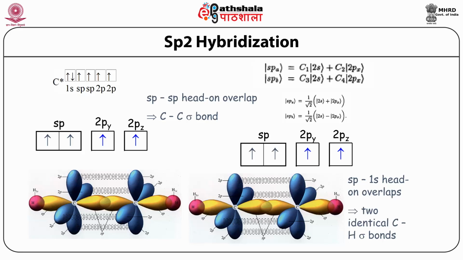at 180-degree angle. So in this hybridization, there is a linear combination of the 2s orbital and one of the three 2p orbitals of a carbon atom.